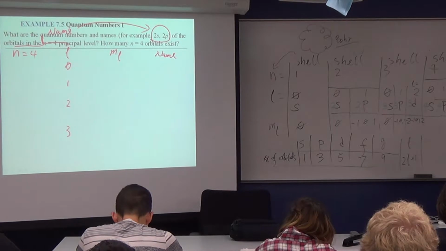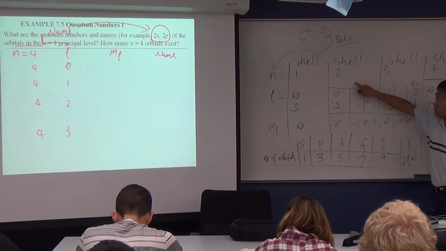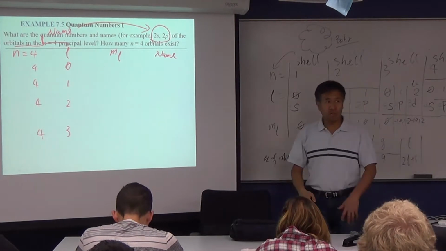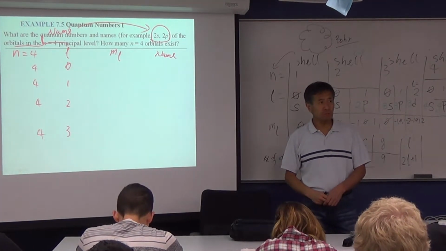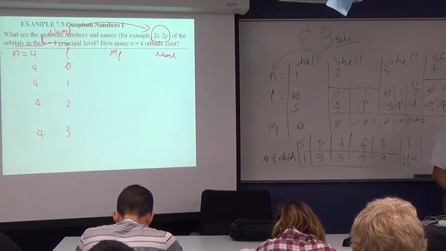That means all of these are allowed. So when you have n equals 4, all these 4 numbers are okay for L.